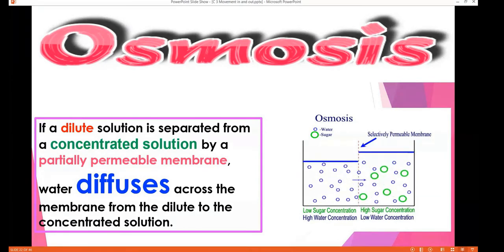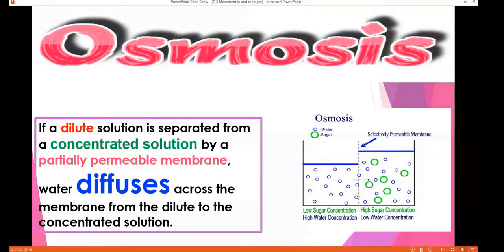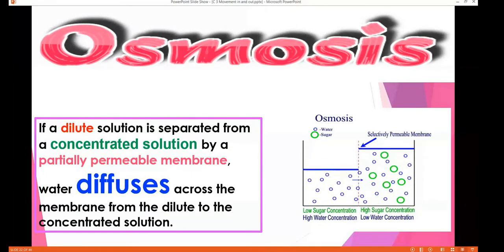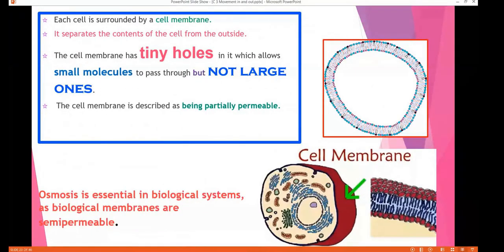Okay, so if your dilute solution is separated from a concentrated solution by a partially permeable membrane, water diffuses across the membrane from the dilute to the concentrated solution, as you can see in this simulation. Same thing, you can also see what happens through the cell membrane. This is a cell membrane and this is how it looks.